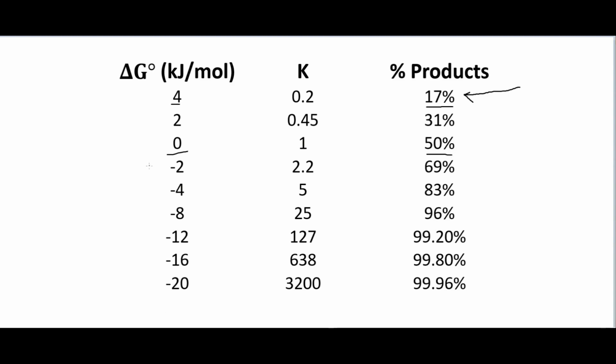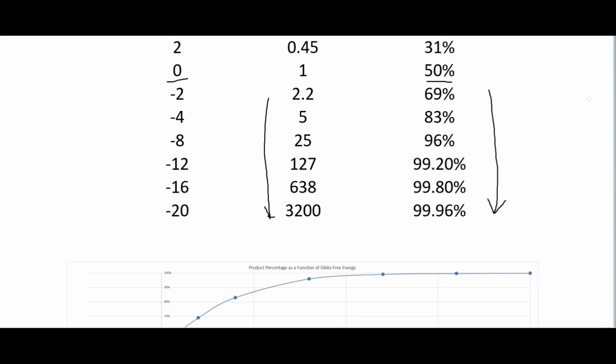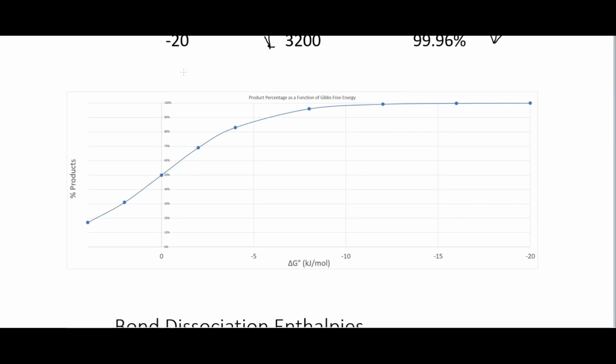Then when we go into the negative, our K starts going up, so the percentage of products starts going up here. We can look at that graph here. We have percentages on our y-axis and our delta G on our x-axis, where this is flipped so that this side is positive delta G and this side is negative delta G. And we see that the percentage of products goes up as delta G becomes more negative.